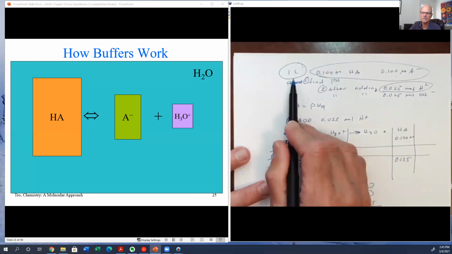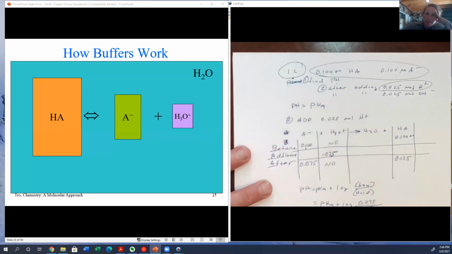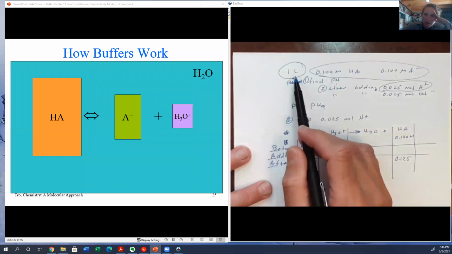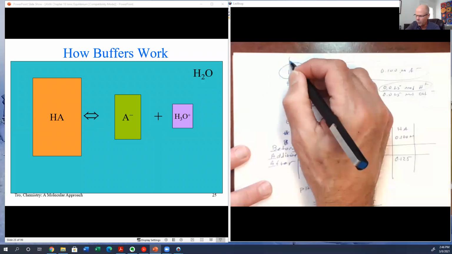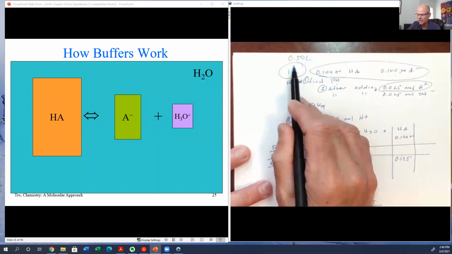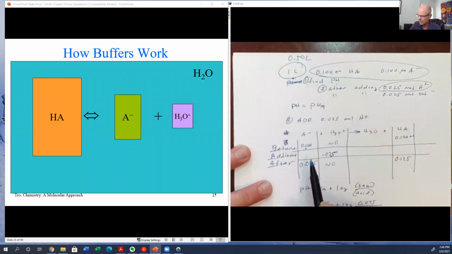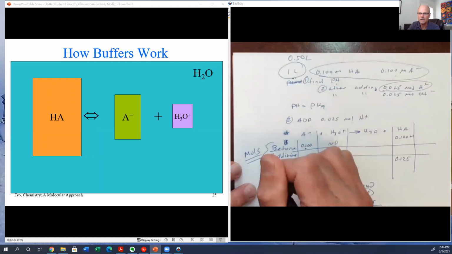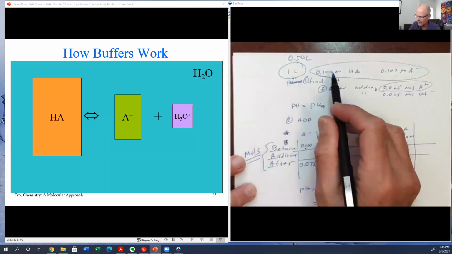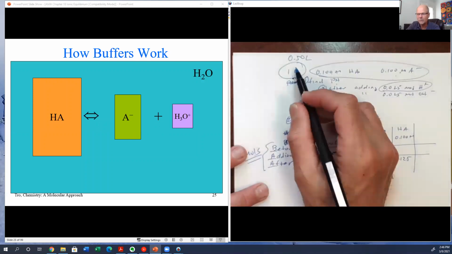So in an equation in which we had more or less than 1 liter, that would complicate this problem a little bit, right? All you'd have to do, let's say we had, instead of 1 liter, 0.5 liters. What would change? You'd have to figure out the number of moles, because the table is always going to be in moles, not molarity. In this case, I had 1 liter just to keep it simple. But let's say it was 0.5 liters.